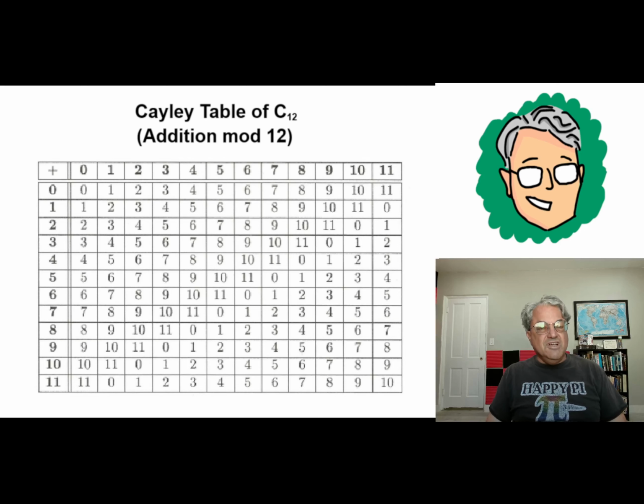We're going to see a lot more Cayley tables. Cayley tables are very useful in every group. Every finite group at least has a Cayley table associated with it. If the group's really big, it might be too impractical to make one, but for small groups, Cayley tables are very useful.